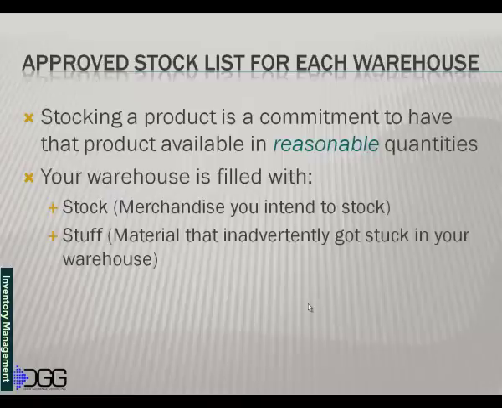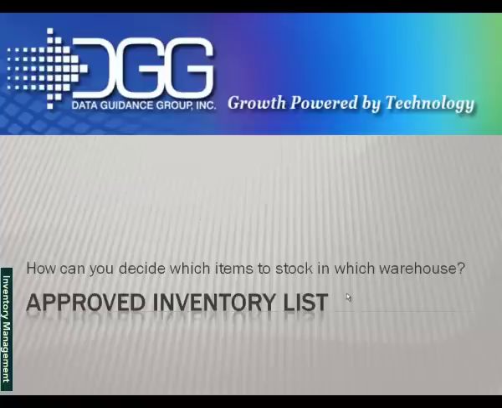And by stuck, I mean put, but I also mean at one time it was stock, you intended to have it, but at this point it's obsolete, damaged, old, returned by customer, out of date, whatever we might have, it's now become stuff. What we have to do is distinguish between stock and stuff. We want to keep the stock, and we want to get rid of the stuff in whatever way we need to get rid of it. And again, we can talk about that in later sessions.